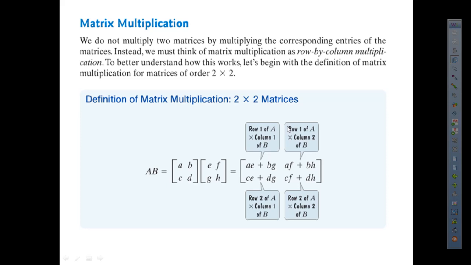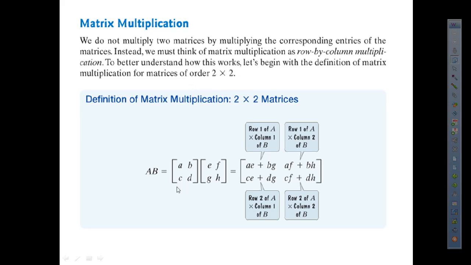It's a row by column multiplication. We do not multiply two matrices by multiplying the corresponding entries of the matrices. Instead, we must think of matrix multiplication as row by column multiplication. To better understand how this works, let's begin with a definition of matrix multiplication for matrices of order 2 by 2.